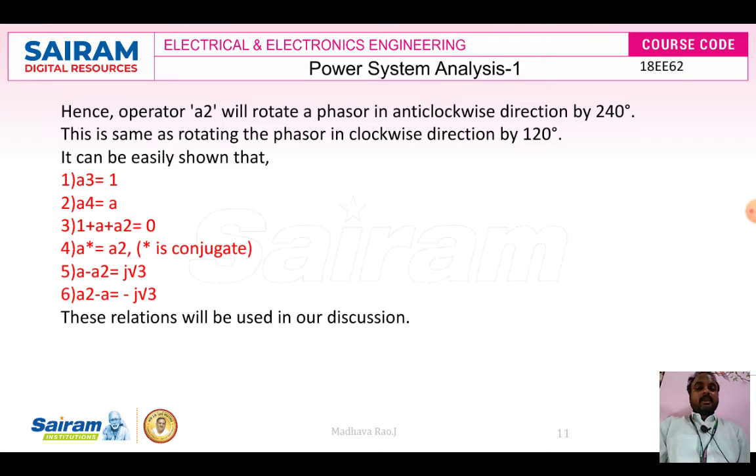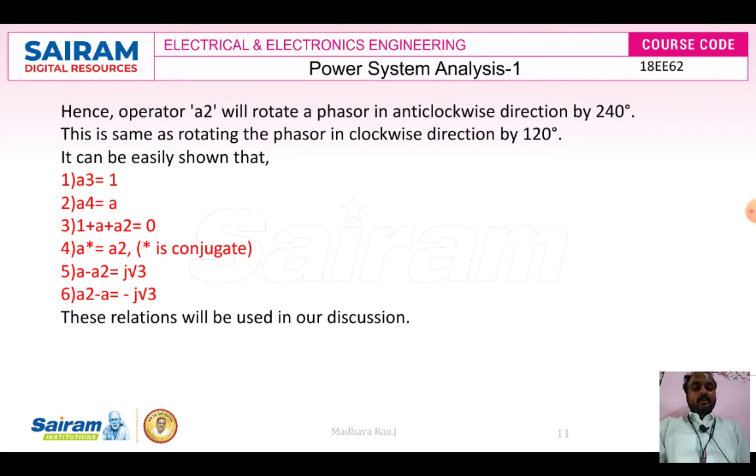Hence operator A square rotates a phasor anti-clockwise by 240 degrees, which is the same as rotating the phasor clockwise by 120 degrees. We can easily remember the following shortcut relations, which we will use in problems.